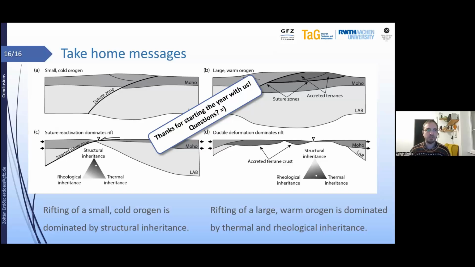What is the thermal state of the lithosphere at the onset of rifting? That can be really paramount to decipher what structures we really see, whether they are reactivated, whether they are completely reversed, or whether they are actually new structures themselves.